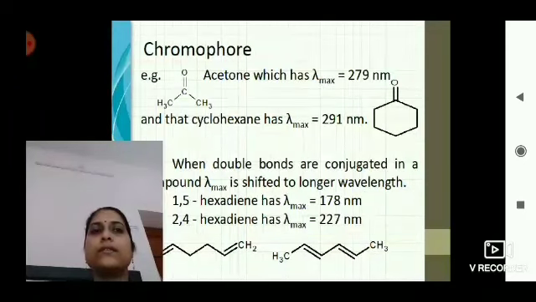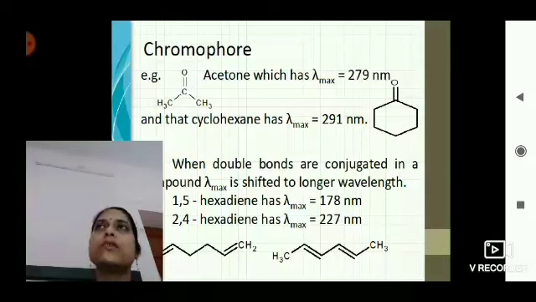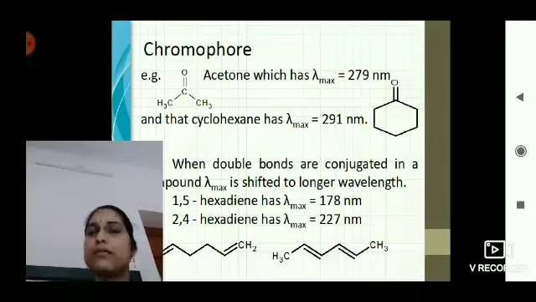Next, in case of acetone, you will see the lambda max is at 279 nanometer. One most important thing is that lambda max is the maximum wavelength which is going to be absorbed by a particular compound.